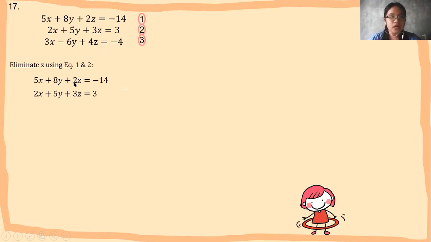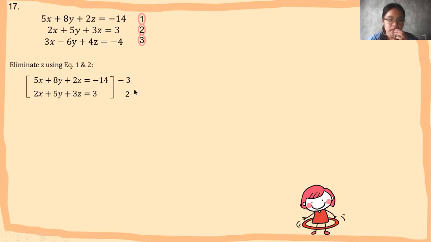Let's find a number to be multiplied into equation number 1 or equation number 2 or both so that they can have the same number. So equation number 1, I will multiply by negative 3. And in equation number 2, I'll be using 2.